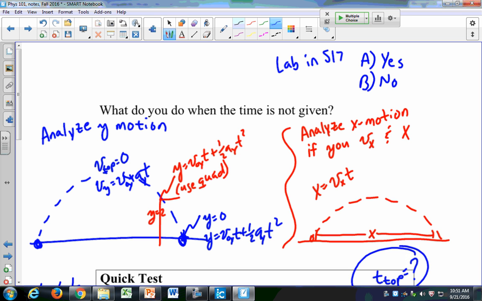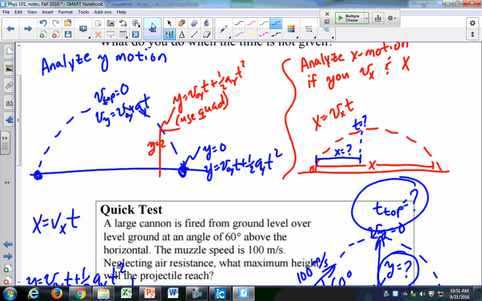Or sometimes you might have a different x, like let's say I want to know the time when it's at this distance, then I can just put in the value to find the time at this position, doing x equals Vx t.